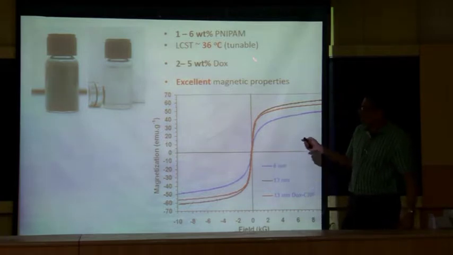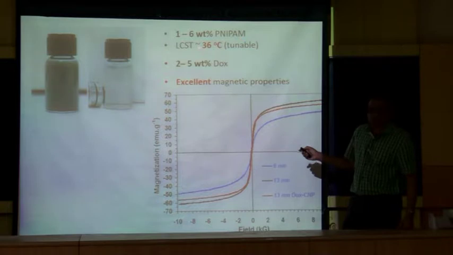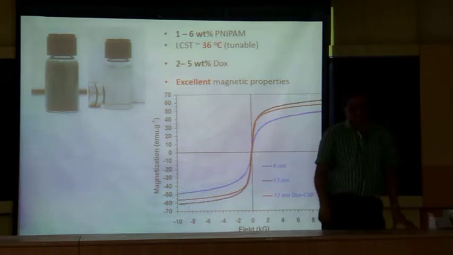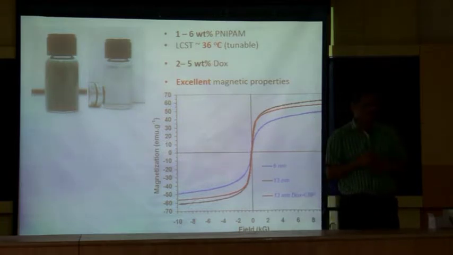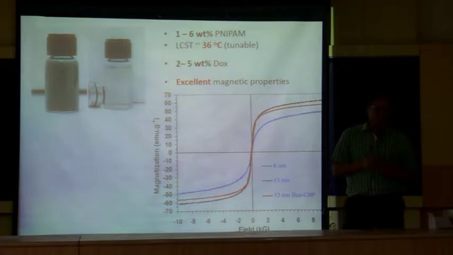And then we put the polymer shell. I don't want to describe all the details. We synthesized the polymer and coated this with the polymer, and then we put the doxorubicin. Doxorubicin is a beautiful orange color. As it gets absorbed, the solution becomes less and less orange. So you know it's being absorbed.